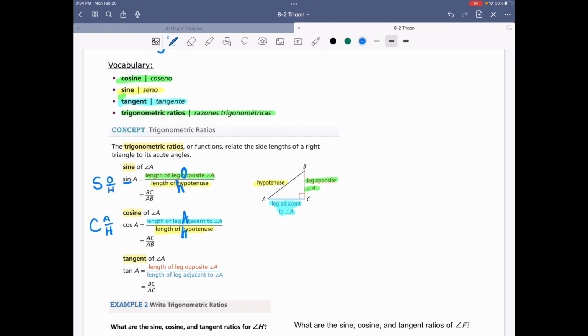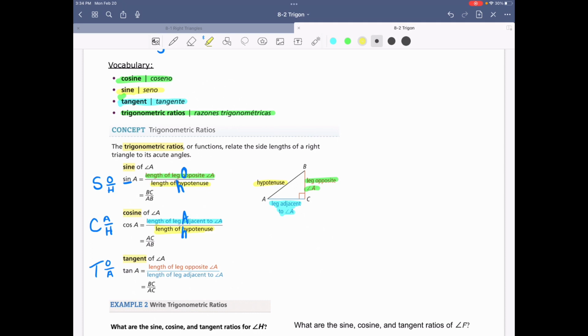All right, we now have so, ka. And for tangent, it's toa. Like my toa is on fire. I don't know if you're stepping on coals. All right, remember this. So, ka, toa. Kind of like the songs I was singing to you yesterday. These little mnemonics help you remember things.